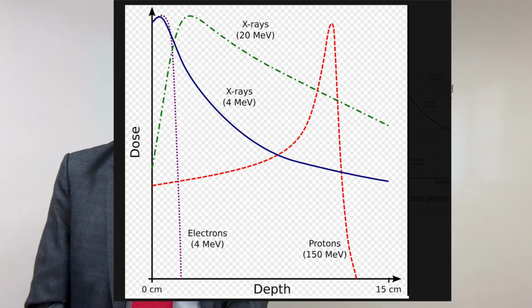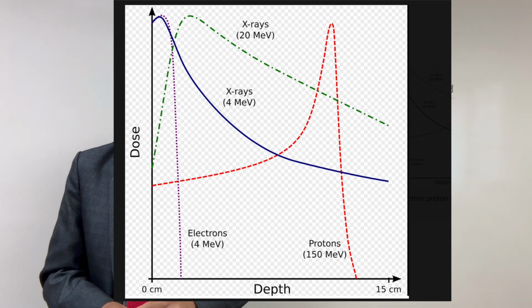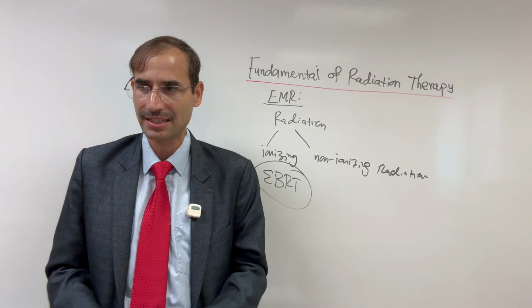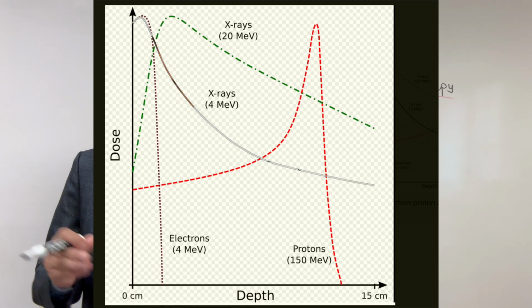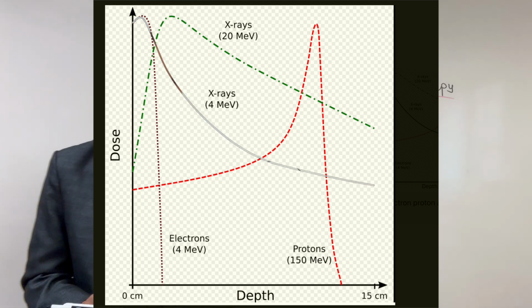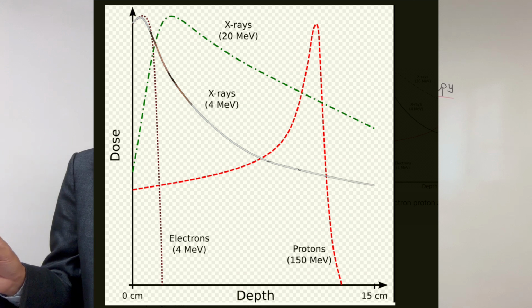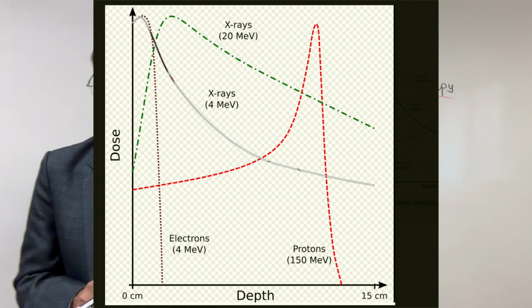But if you go with the high energy X-rays, maybe 20 mega electron volt, that is the highest we can use here, the green dash-dotted line in this picture. You can see the dose builds up below the skin surface. At the skin surface there is no dose buildup, but below it the dose builds up, peaks at a few centimeter, and then decreases slowly.